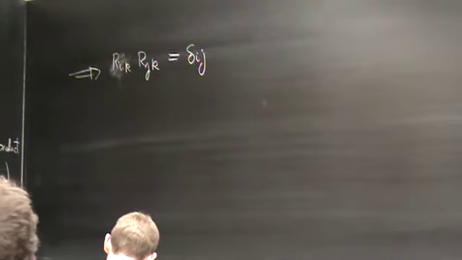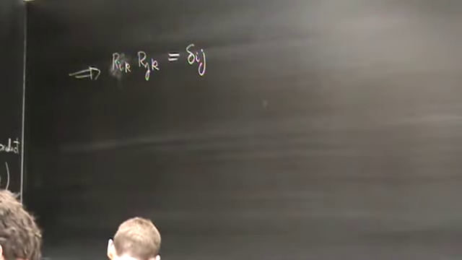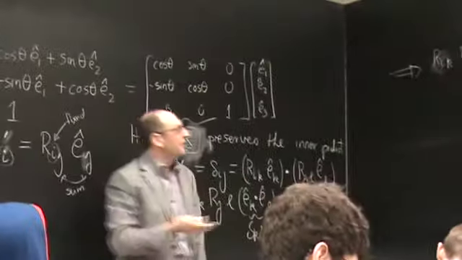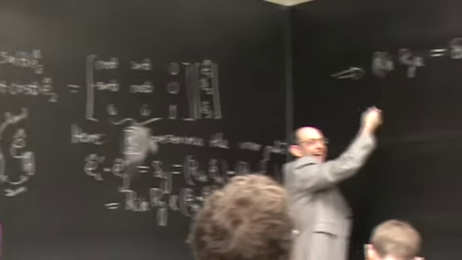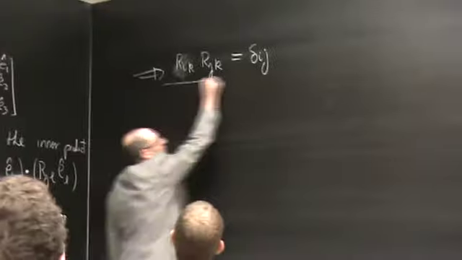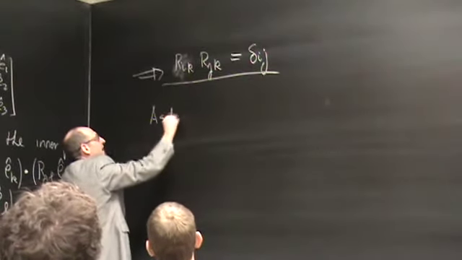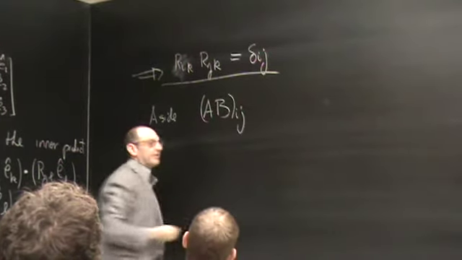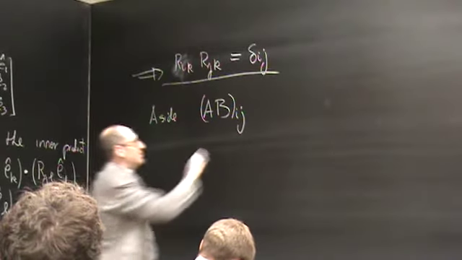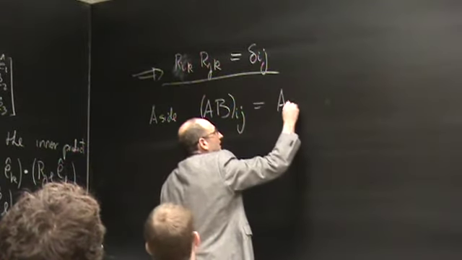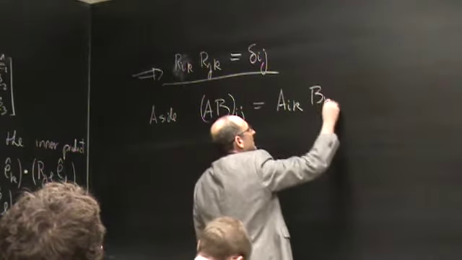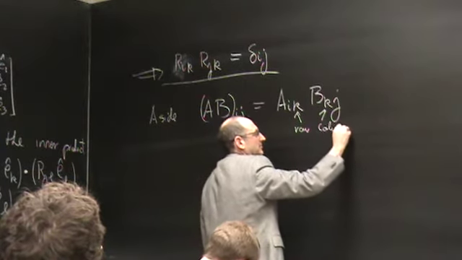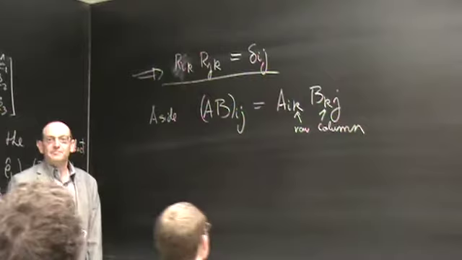Now remember, when I multiply matrices, I have to sum the rows with the columns, right? So this isn't written in a very convenient form. Let me just do a little aside over here. If I have two matrices, A and B, and I want to look at the ijth matrix element of that, you remember that I have to sum the row with the column, right?